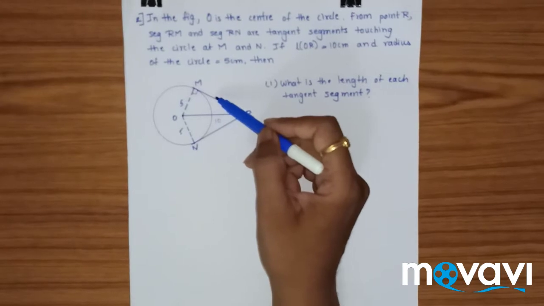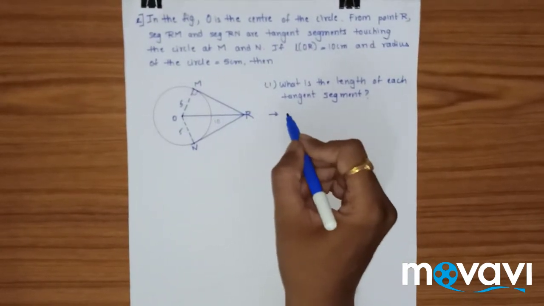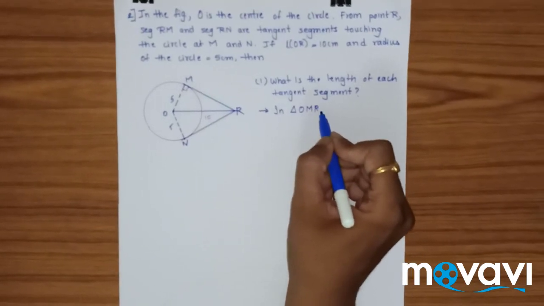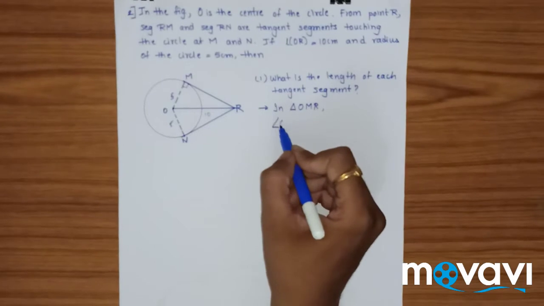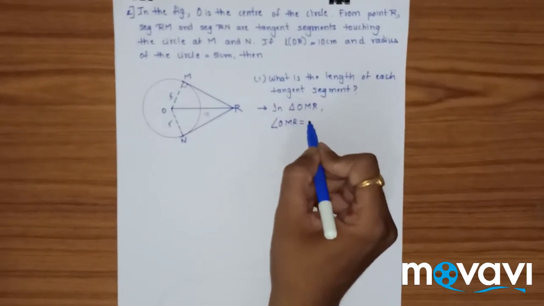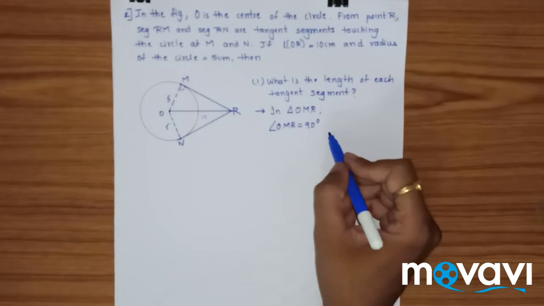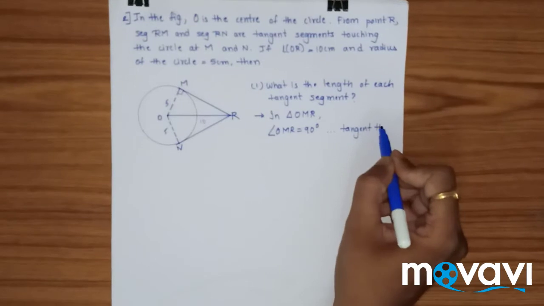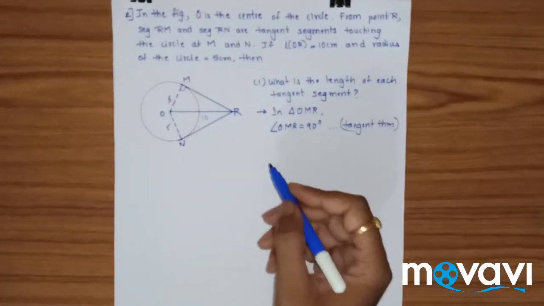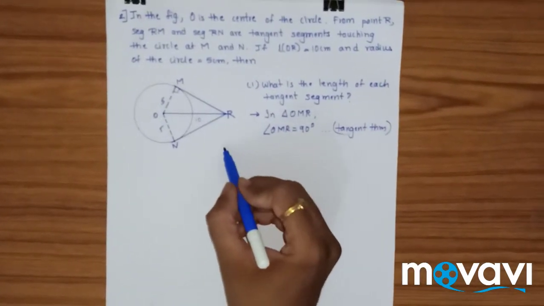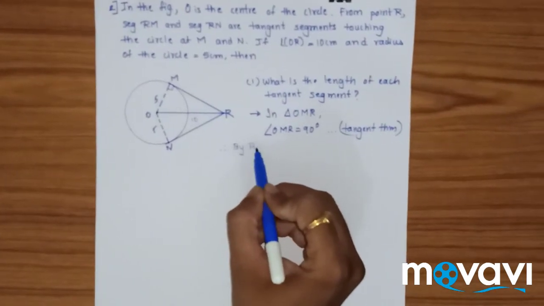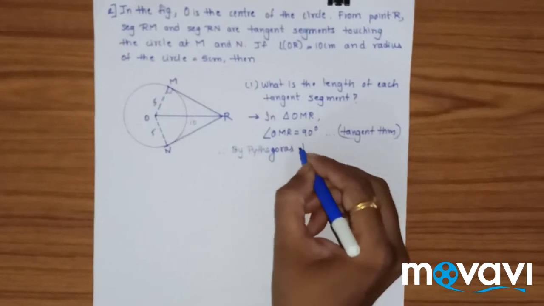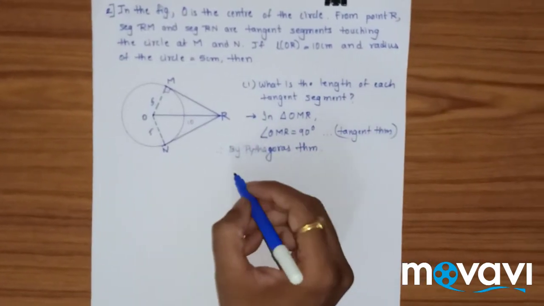So let us write down, in triangle OMR, angle OMR is equal to 90 degree. Why? It is the tangent theorem. Okay. So now by Pythagoras theorem, what is it?